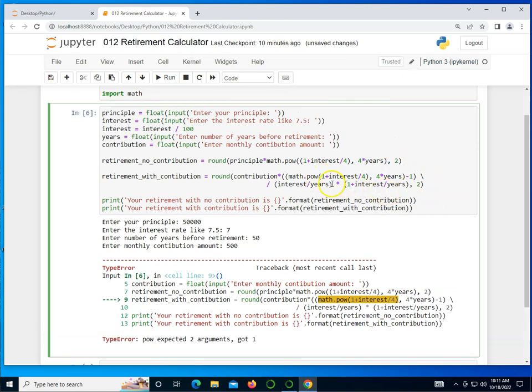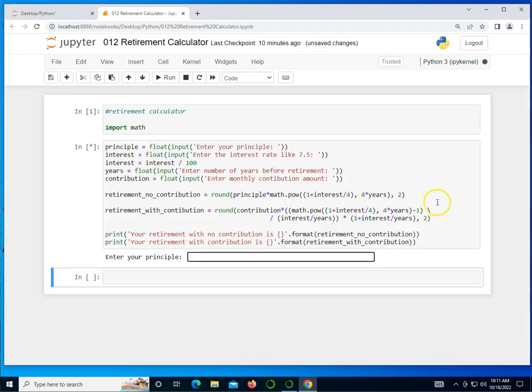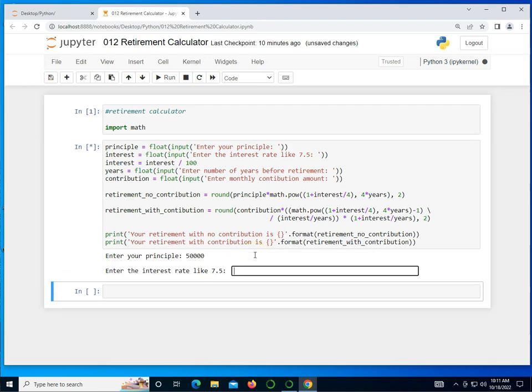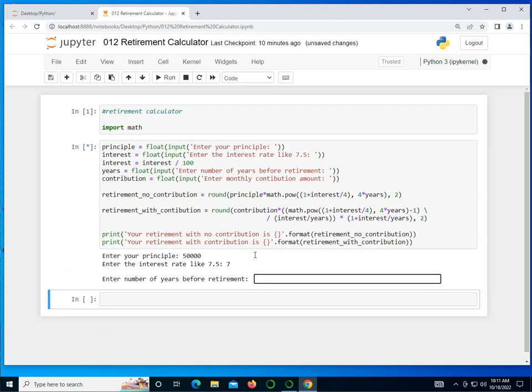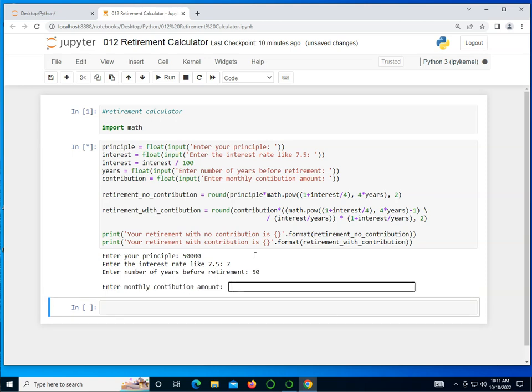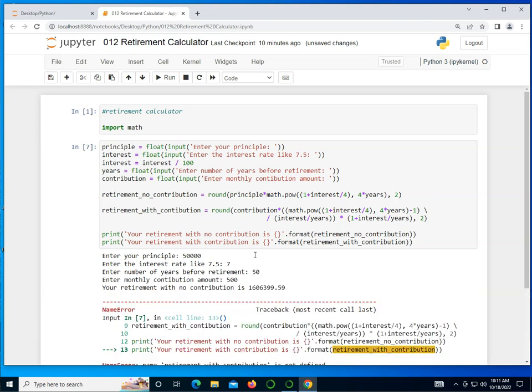So right here, this in fact was a second parentheses here because my power, I need to have an extra parentheses right here to make sure that that is correct. Let's go ahead and do this again. $50,000 at 7% annual rate, 50 years before retirement, and let's say $500 monthly.